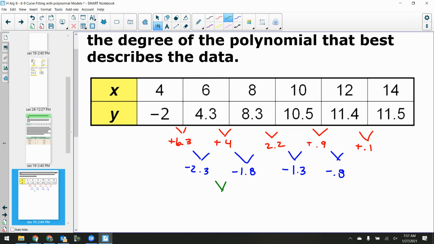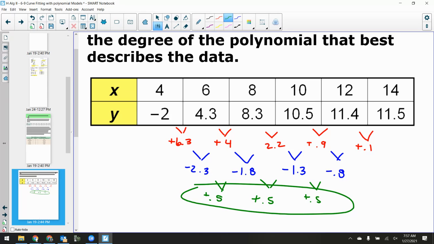How much am I changing going from -2.3 to -1.8? Up 0.5. Going from -1.8 to -1.3, up 0.5. Going from -1.3 to -0.8, I'm going up 0.5. So this confirms the fact that it is cubic.